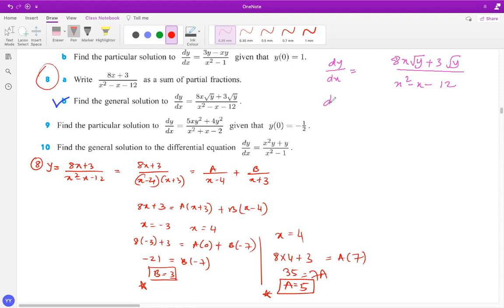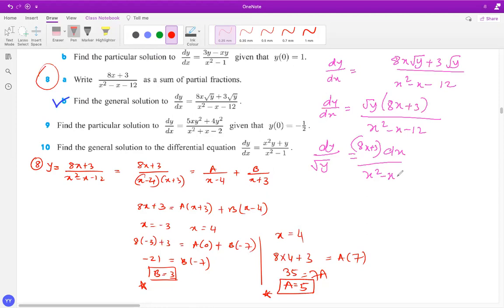If I take root y common, we get 8x plus 3 over x squared minus x minus 12. Now bring root y to the other side, so dy over root y equals dx times 8x plus 3 over x squared minus x minus 12.